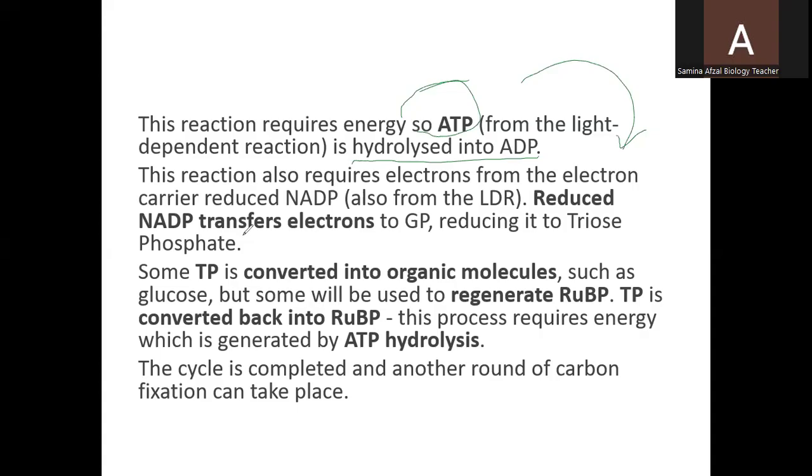So NADP transfers electrons to glycerate phosphate, reducing it to triose phosphate. Triose phosphate is also a 3 carbon compound, so it can be represented with TP.